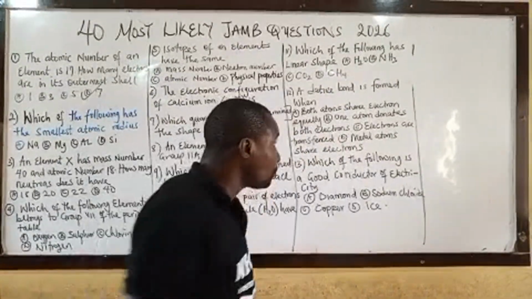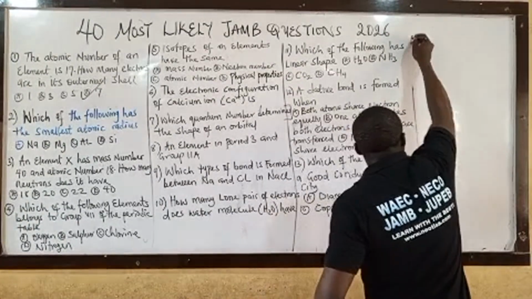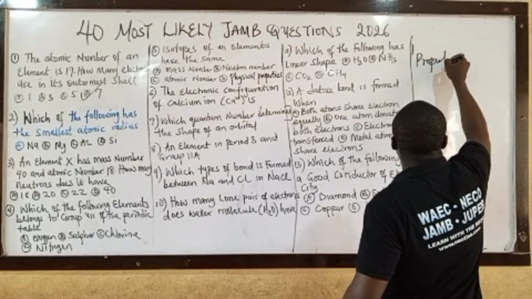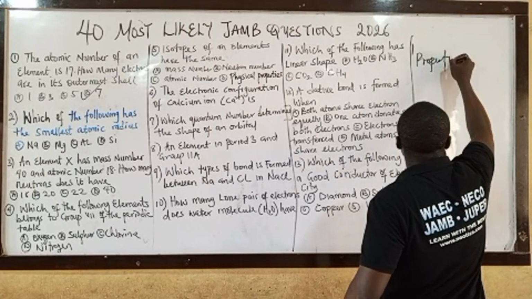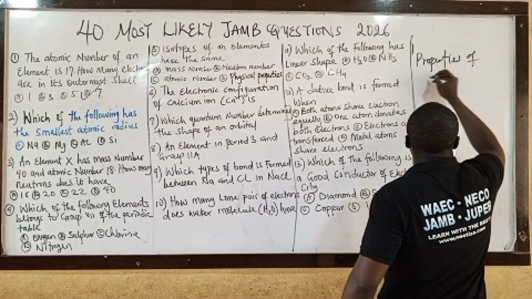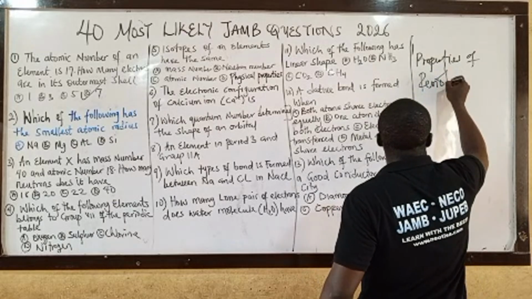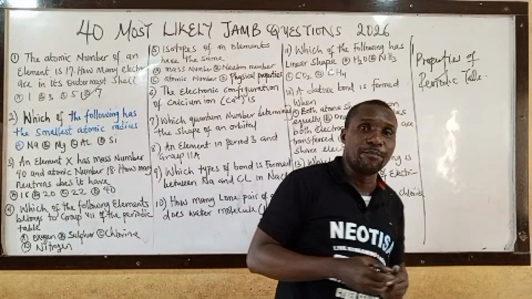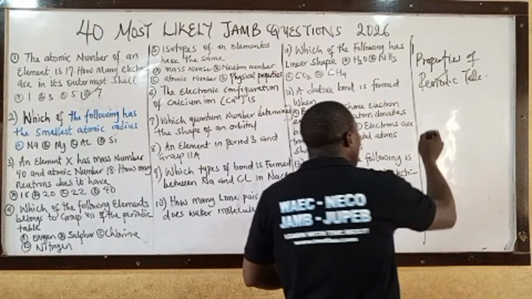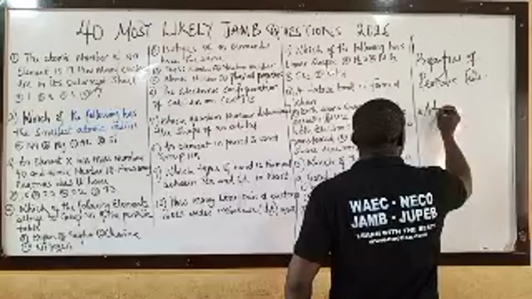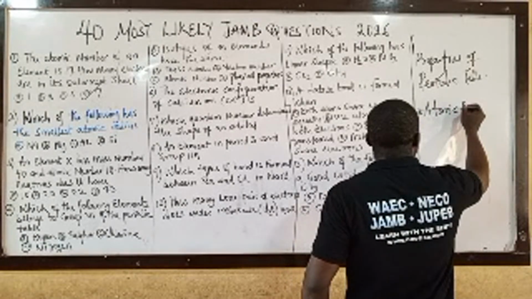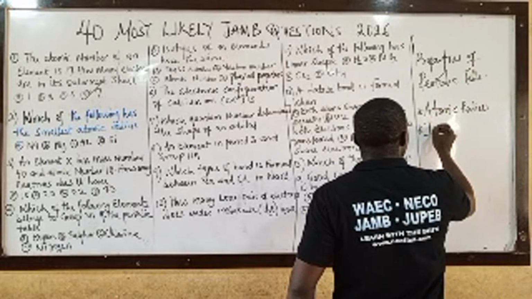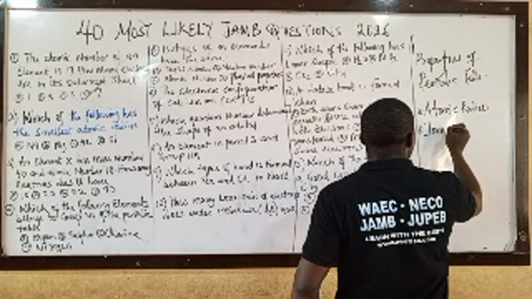We have properties of the periodic table, or periodicity. The properties of the periodic table, which are atomic radius, ionization energy.